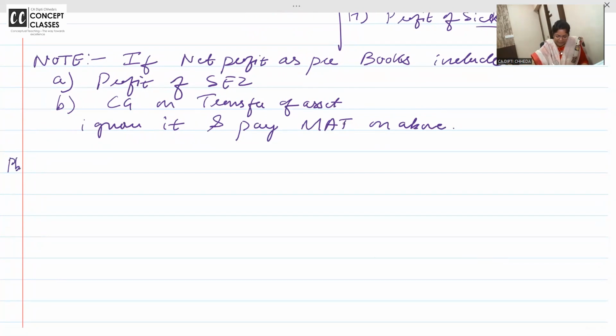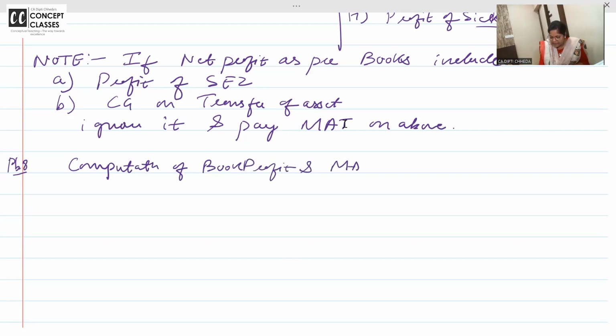Problem number 8. Yeah, regular income also, because they've asked you to compute the tax liability, to whichever is beneficial we will go. So first we are doing computation of book profit and MAT.